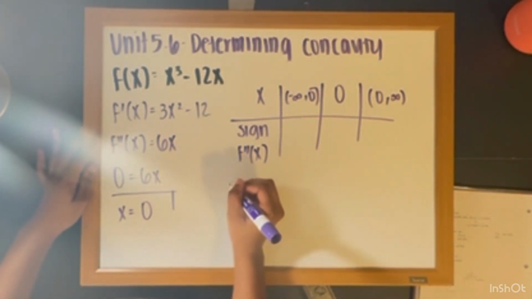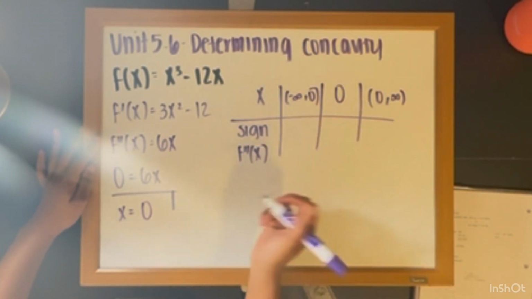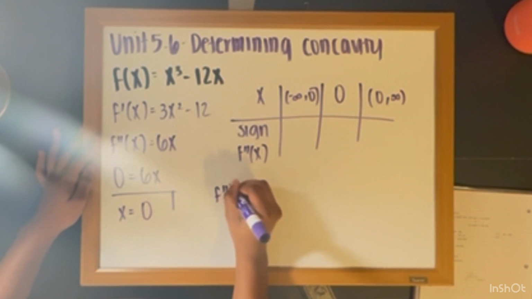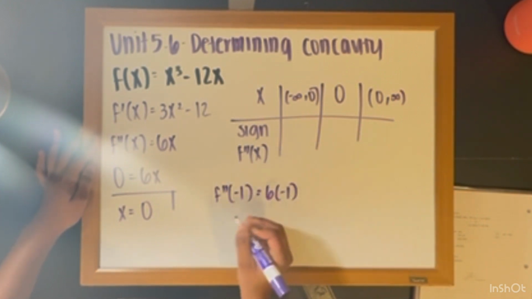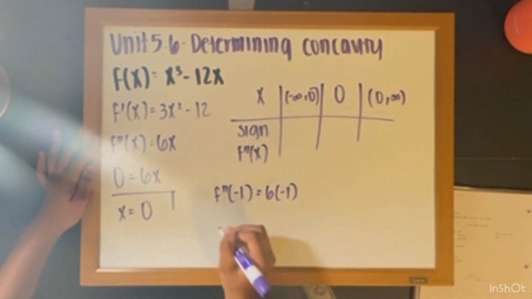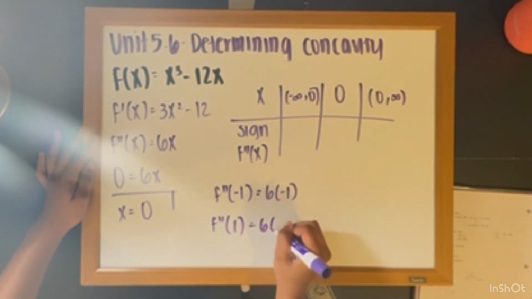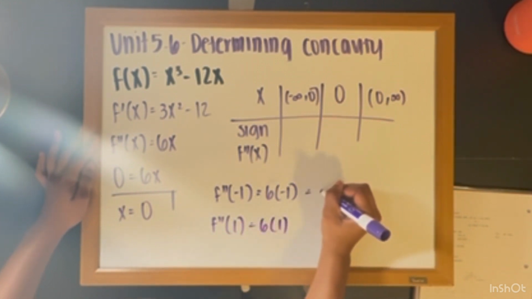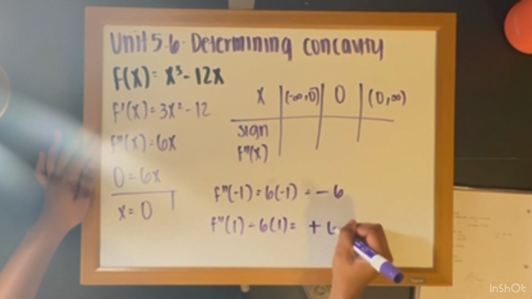A number between negative infinity and 0, we can just use negative 1. That gives us 6 times negative 1. And to find a number in between 0 and infinity, we're just going to use positive 1. That equals 6 times 1. This will give us a negative 6 and a positive 6.